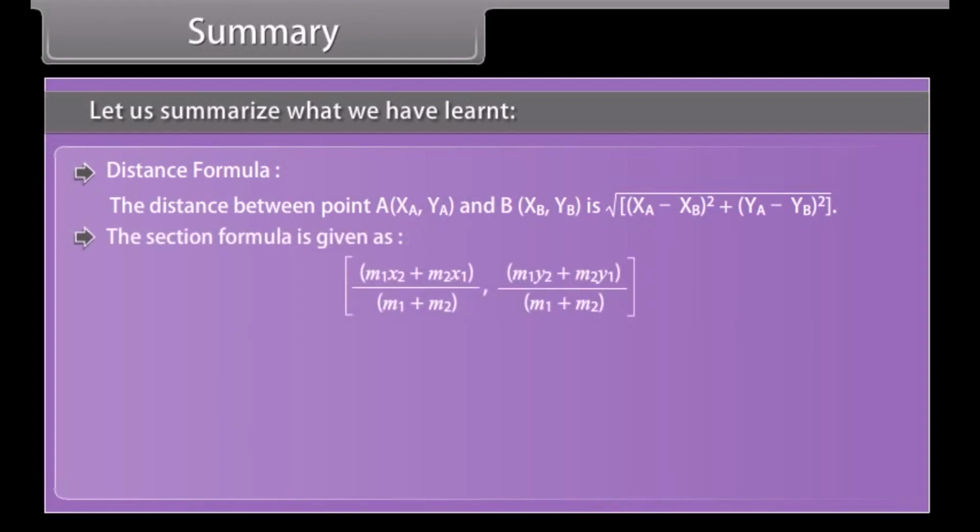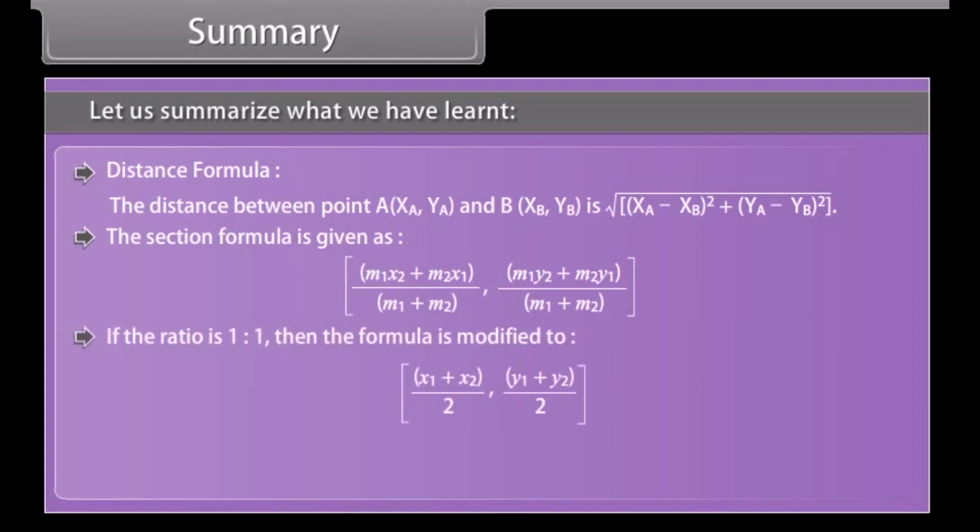The section formula is given as (m1 x2 plus m2 x1) by (m1 plus m2), (m1 y2 plus m2 y1) by (m1 plus m2). If the ratio is 1:1, then the formula is modified to (x1 plus x2) by 2, (y1 plus y2) by 2.